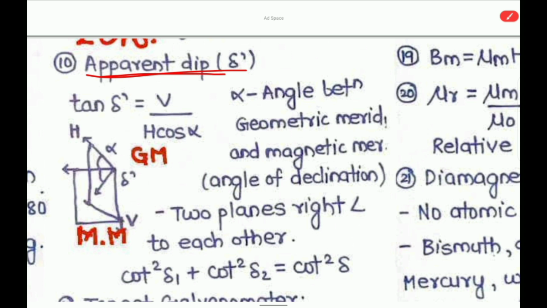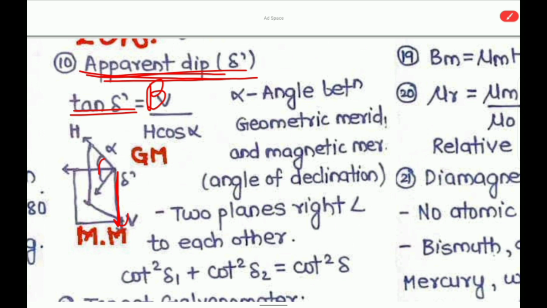The most important point is about apparent dip. Apparent dip will come when there is an angle of declination, that is, when there is an angle between the geometric meridian and the magnetic meridian. When there is some angle alpha between them, which is also called the angle of declination, then there will be apparent dip.